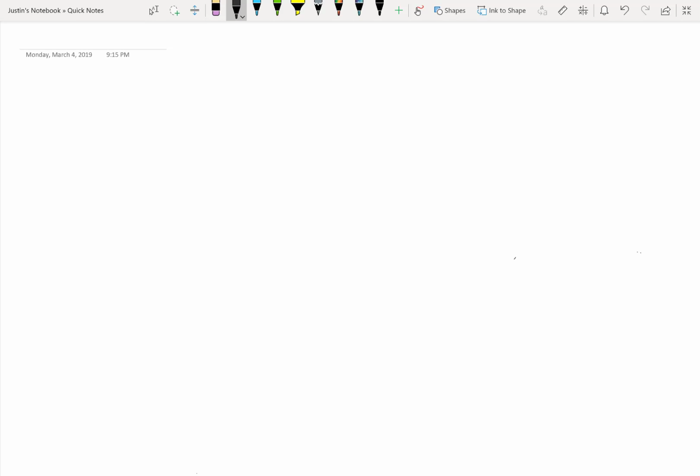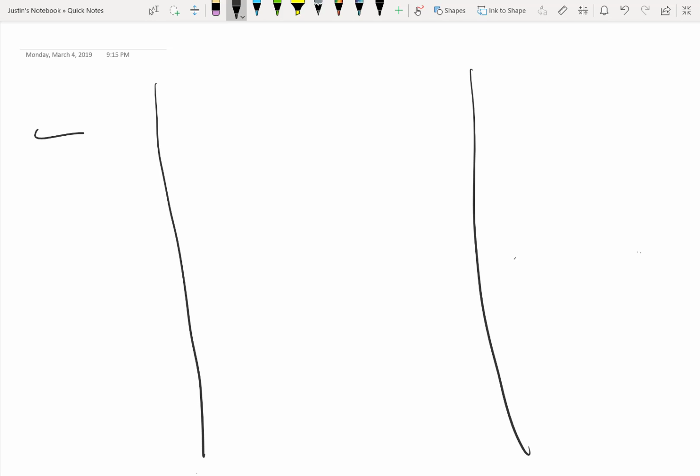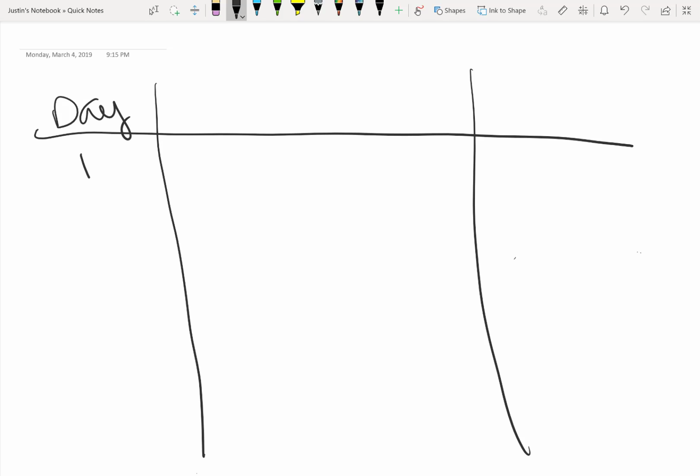Alright, so it gives you 3 rows, and you're going to have to label them. For the top, to label it, you would say the day, and you would start with day 1. Then number of fossils, and this will be for DeJoy's collection.